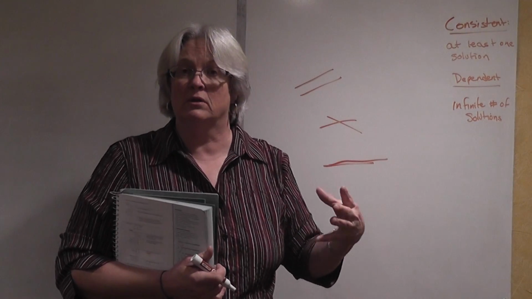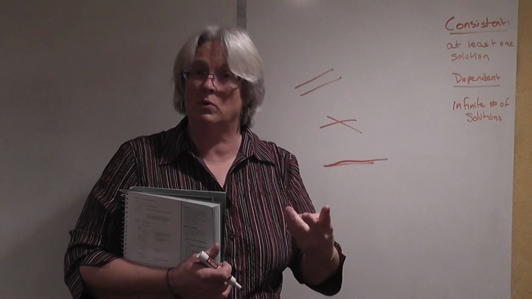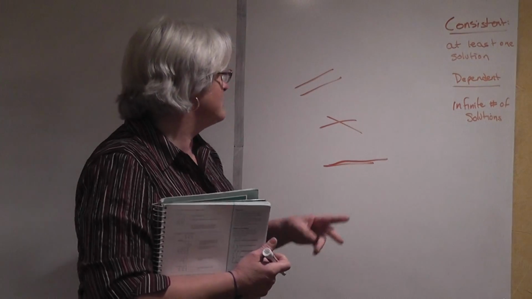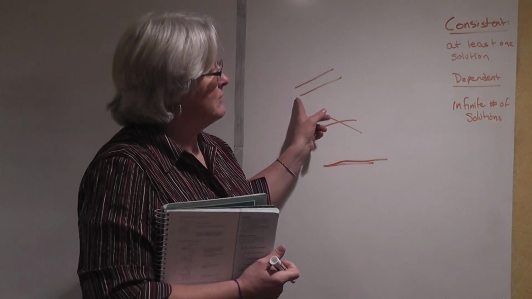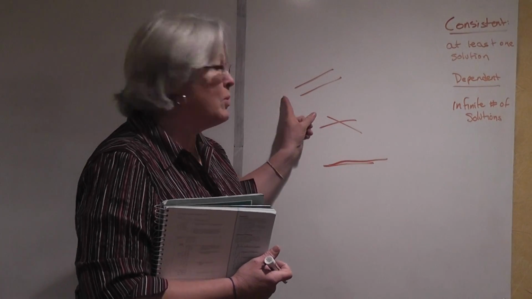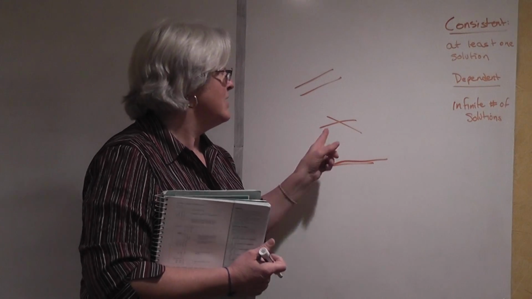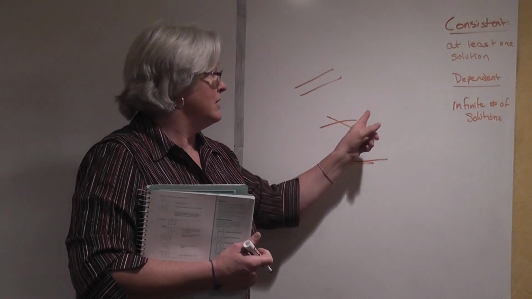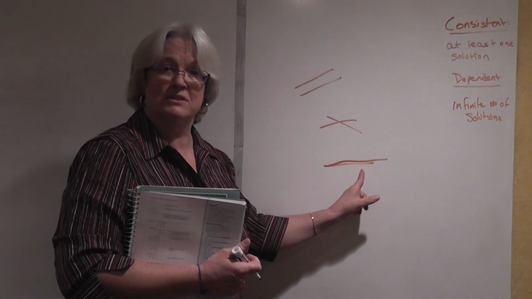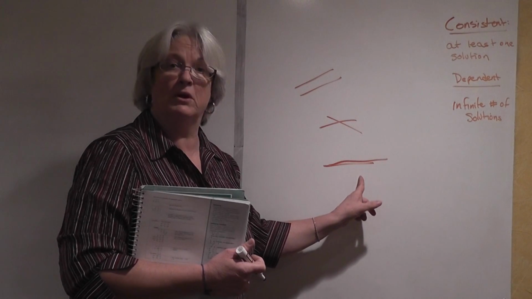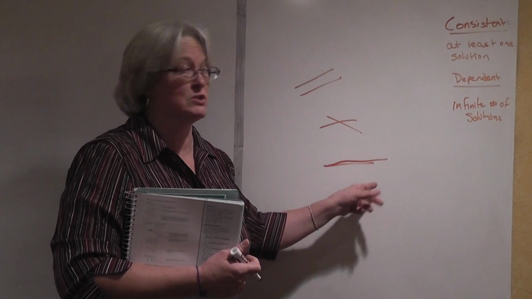And you can look at two equations that have been graphed, and you can say, okay, this right here is an inconsistent pair of equations because the lines never cross. This is consistent independent because it has one solution. This is consistent dependent because there are an infinite number of solutions.